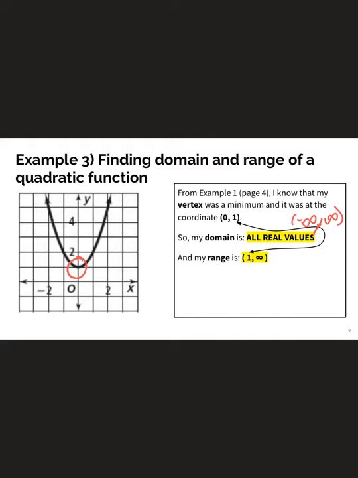So because my vertex was a minimum, I'm going to use this template, my y value, comma, infinity. And so my y value for my vertex is actually 1, so it's going to be 1, comma, positive infinity. And I want to make sure that this is a square bracket, not a parenthesis like this, okay?